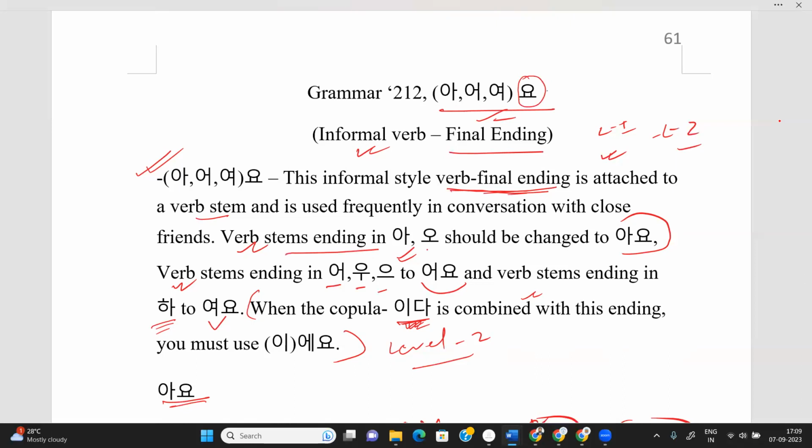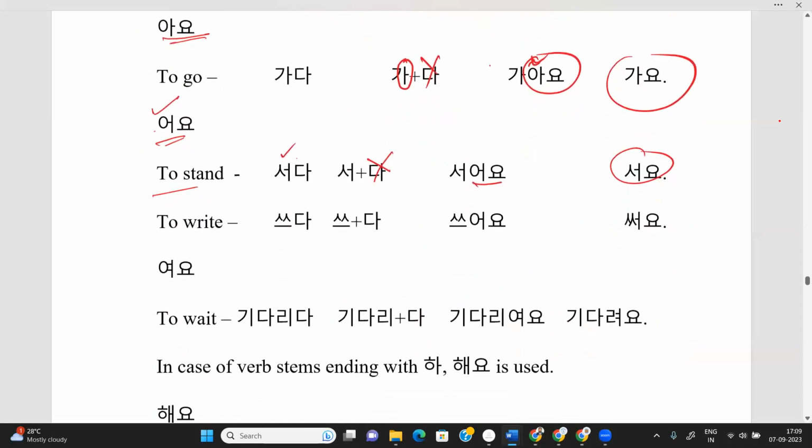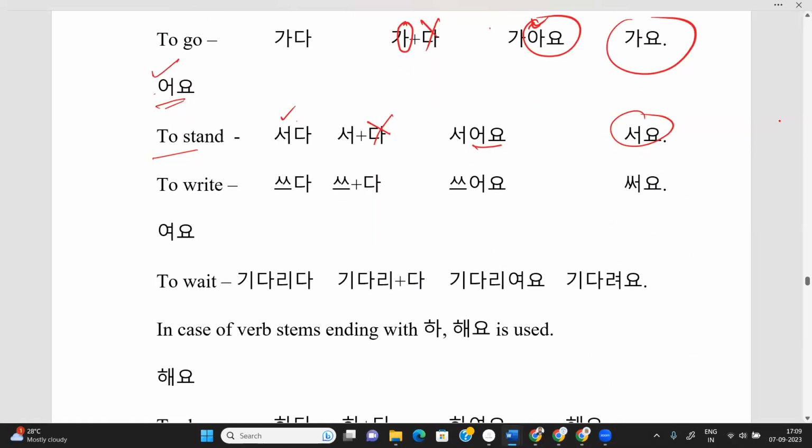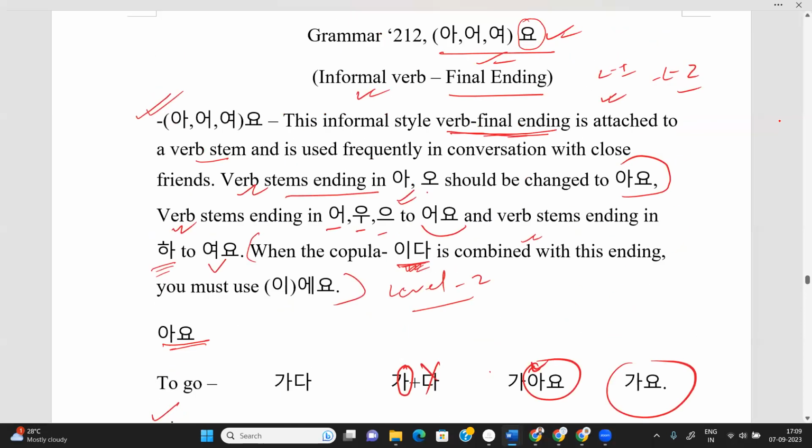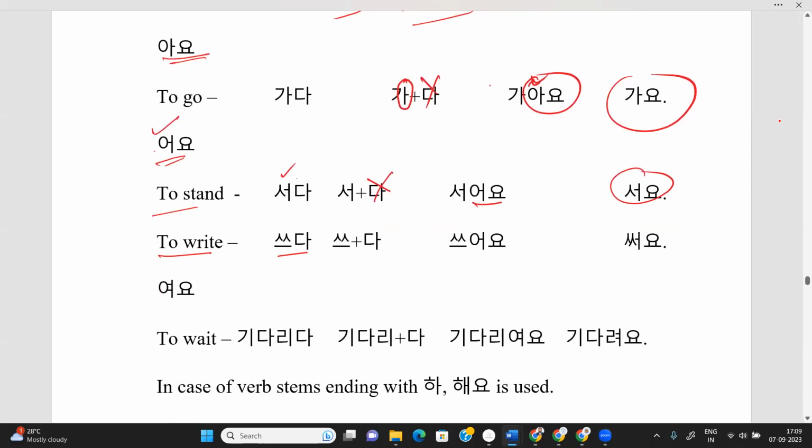Understood? Same way to write sada, it will change to oyo. Add oyo, so it will become soyo, right?